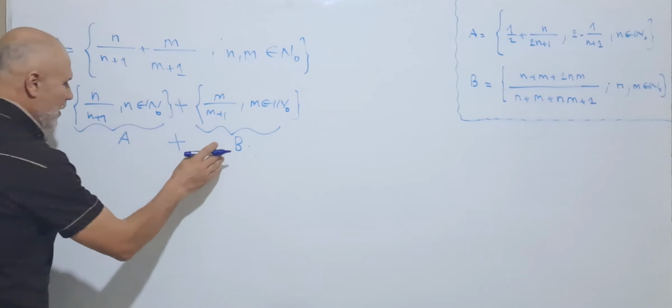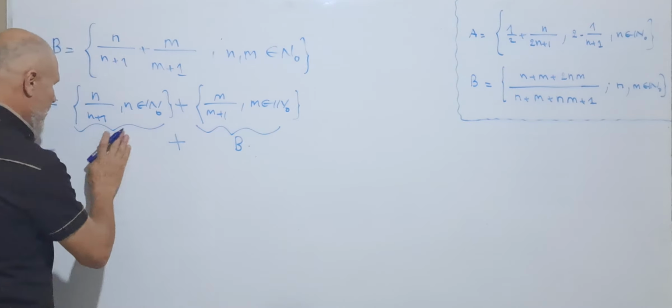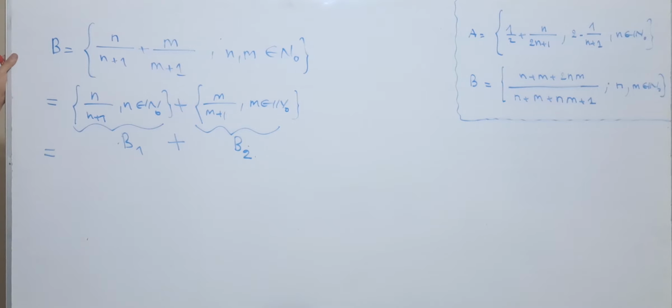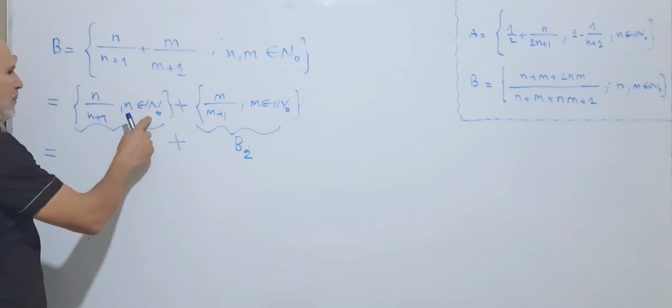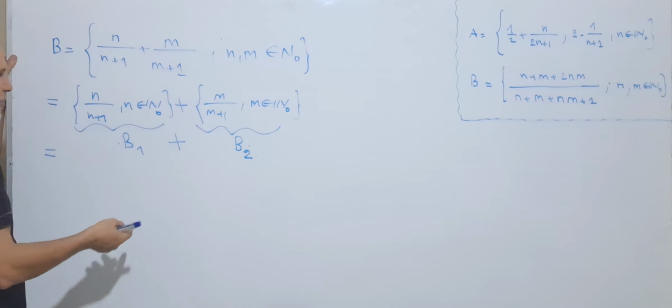So B1 and B2: n and m belong to the same set, and we are adding, where n is any given natural number and m is any given natural number.